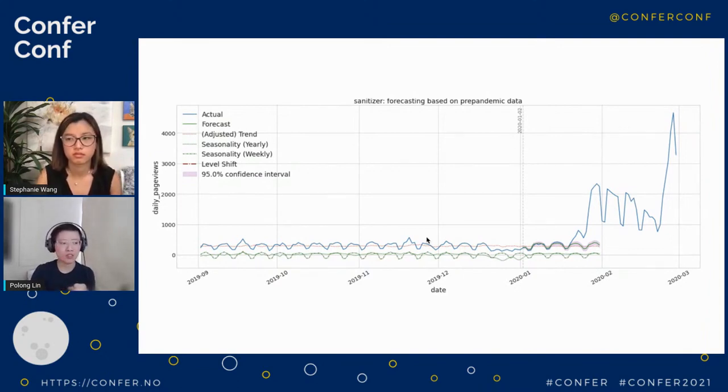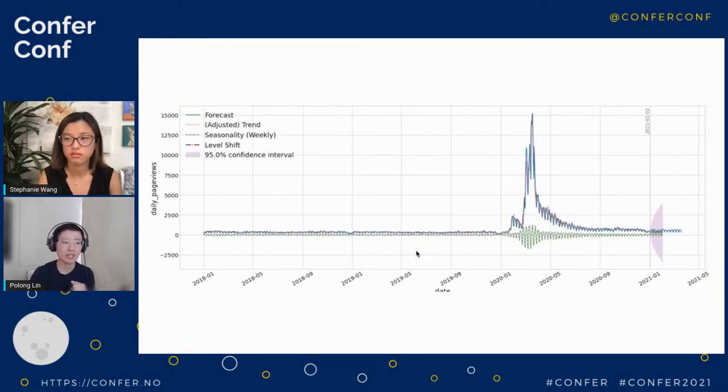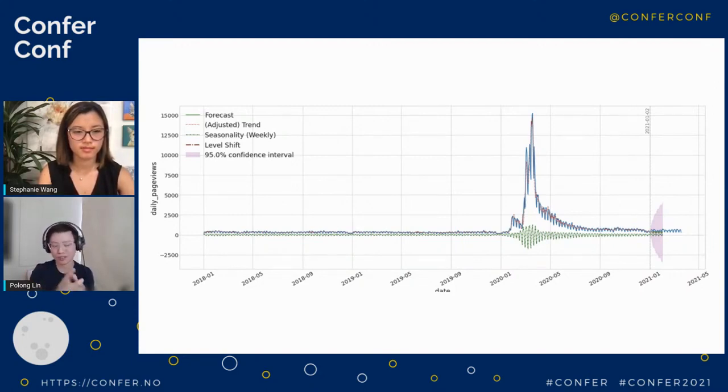Now, the interesting thing, if we go to the next slide, is if we were to run a typical time series forecast model and use for the training data all the data from before the pandemic, during the pandemic, and after the spike, you'll find that, based off of a 95% confidence interval, the forecasting model is completely unable to forecast future visits for the sanitizer page views.